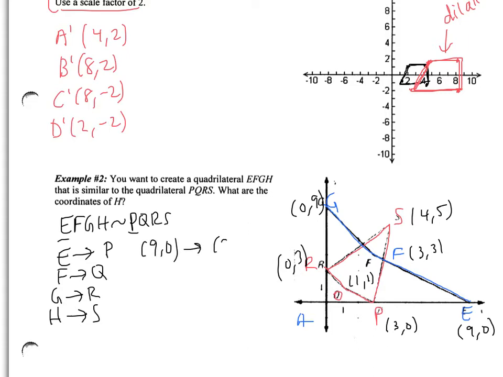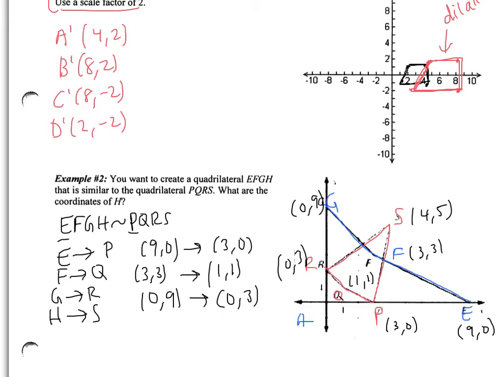That became point P, which was 3, 0. F was 3, 3, and that went to Q, which is 1, 1. G is 0, 9, and that went to R, which is 0, 3. I'm just taking these points right off the figure.